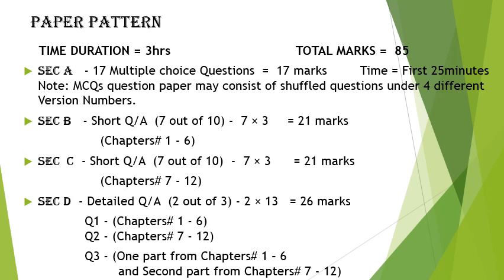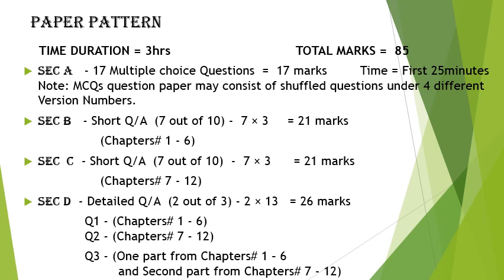Section B is the short question answer section, and it will be from chapter 1 to 6. You have to do 7 questions out of 10. Each question is of 3 marks, so the total marks assigned to this section are 21.